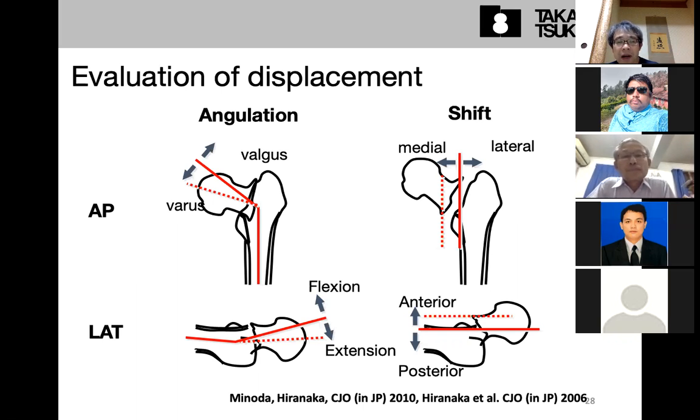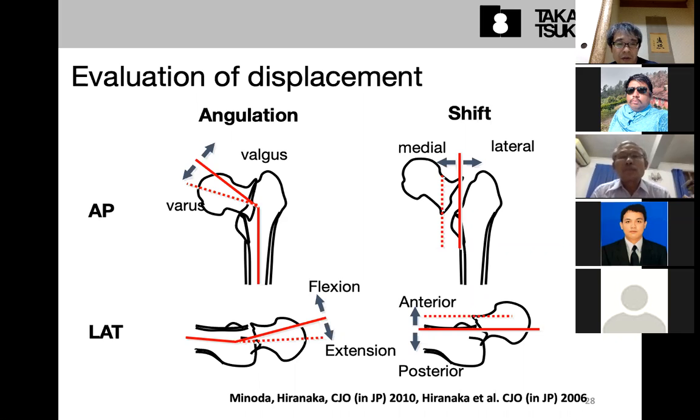So I classified it into angulation and shift. In the AP view, the angulation is classified as varus displacement and valgus displacement, and shift means the medialization and lateralization of the proximal fragment.